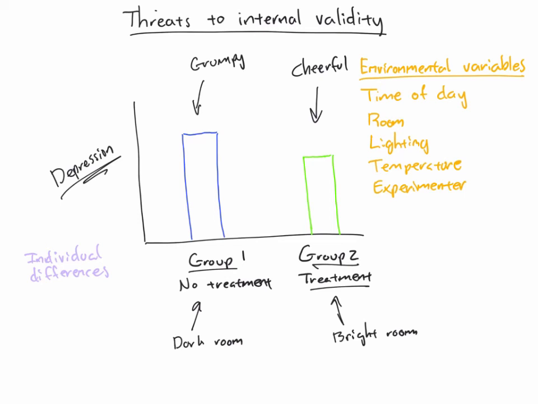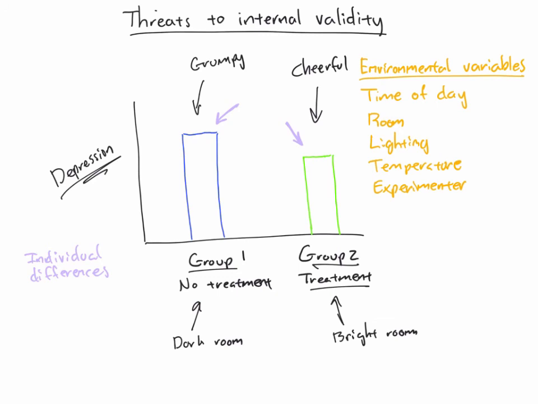So maybe when we assigned people to these groups, we did it in such a way that more depressed people ended up in this group and less depressed people ended up in this group to begin with. So when we measured the people in the second group and saw that they had lower depression, that lower depression was because of pre-existing individual differences with people in that group that were already there.